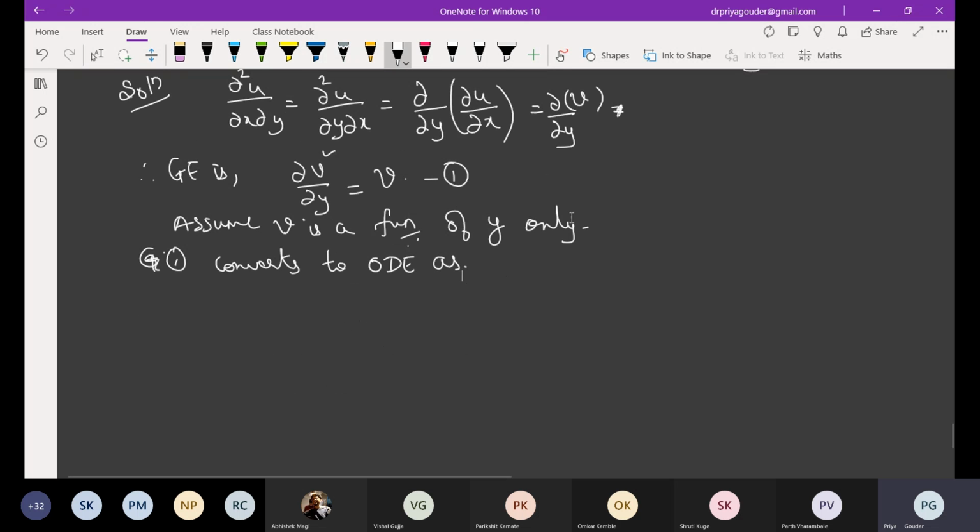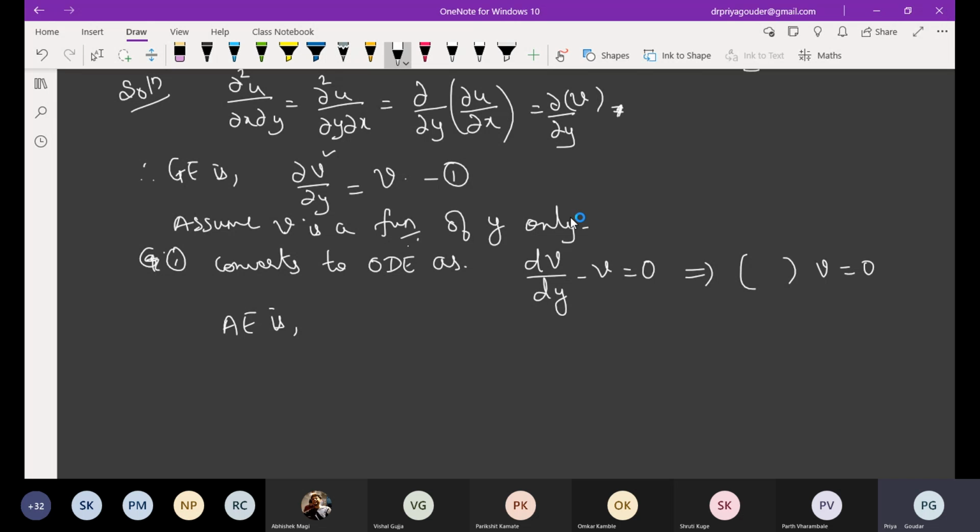What is the corresponding ordinary differential equation? dv by dy minus v equal to 0. Or else just simplify it so that we can solve it. If I take v common, what comes in the bracket? D minus 1.